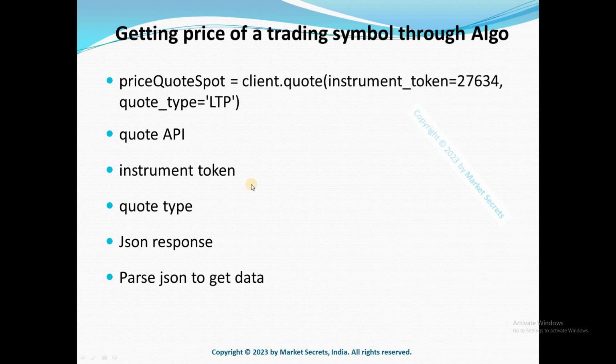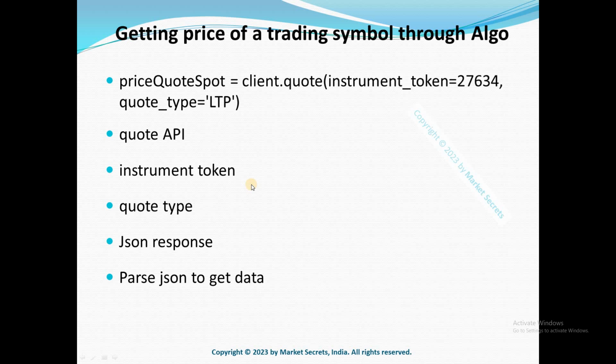For example, if you are asking for open, high, low, close data, that is OHLC data, then you can parse this JSON response, because the response will have all four of those data. You need to parse the response and pull the exact data that you need. For example, if you need just the high data, then you can parse the JSON response and extract just the high data.